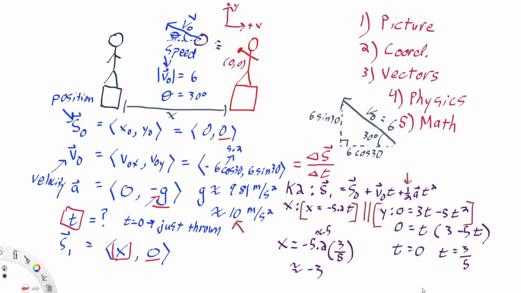And back in step 2 of this problem, we defined the height at which our friend in red threw the ball to be 0. So by conveniently choosing our coordinates, we were able to say that the ball started at 0 height and ended at 0 height. So altogether, the coordinates would be negative 3, 0? Yes. Okay, thank you.